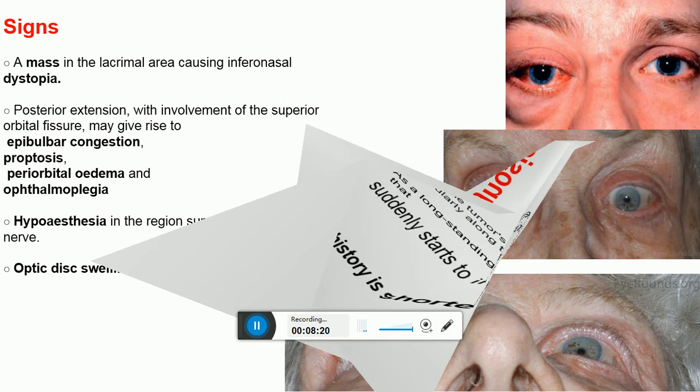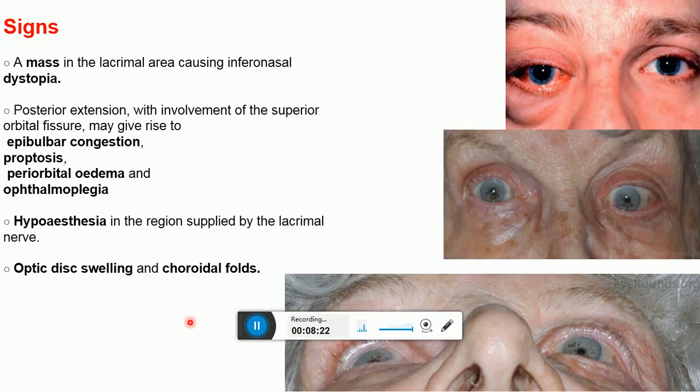Now the signs. A mass in the lacrimal area causing inferonasal dystopia. Posterior extension with involvement of the superior orbital fissure may give rise to epibulbar congestion, proptosis, periorbital edema, and ophthalmoplegia.